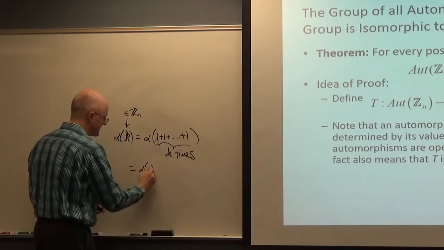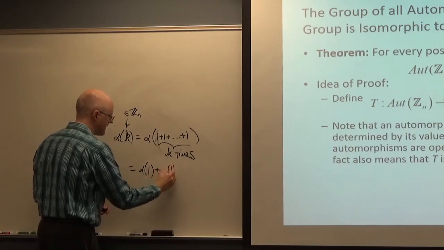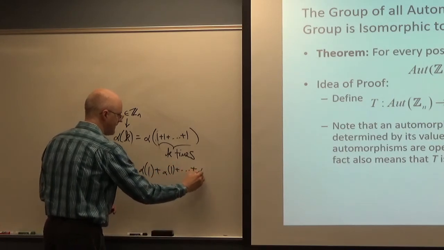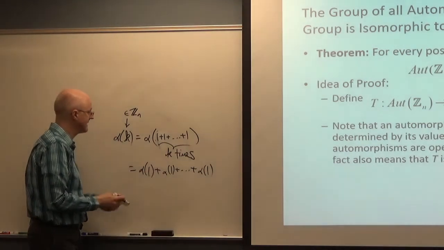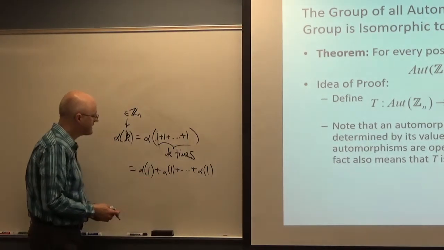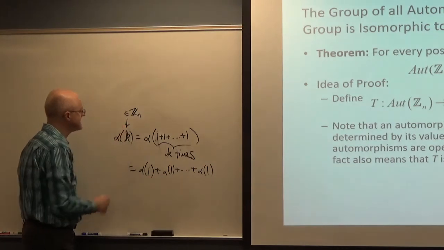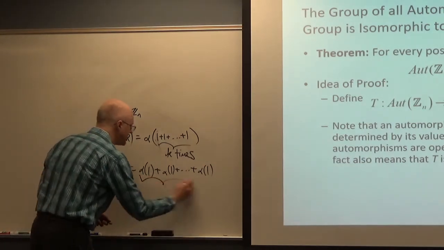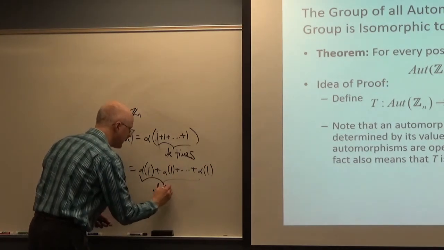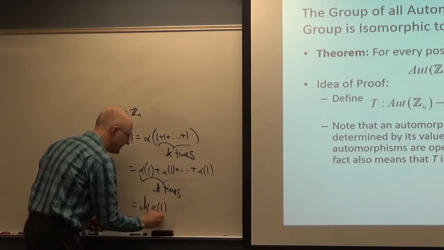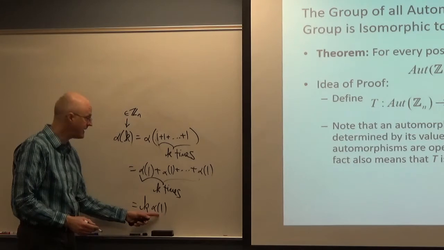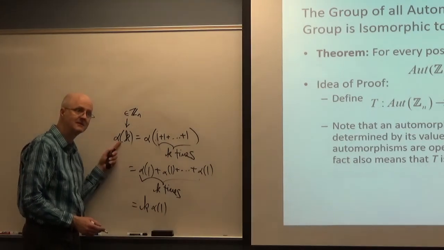Here's where the fact that alpha is operation preserving comes into play. It's an automorphism, so the operation in the target is also addition. It's mapping Zn to itself. This is also k times alpha of 1. In other words, this is the same as k alpha of 1. So if you know what alpha of 1 is, you can figure out what alpha of k is.